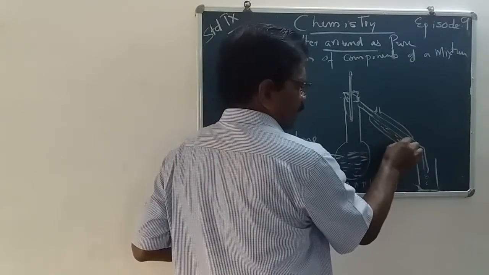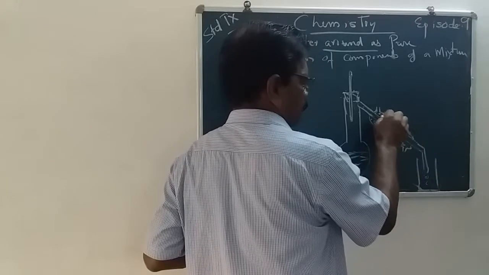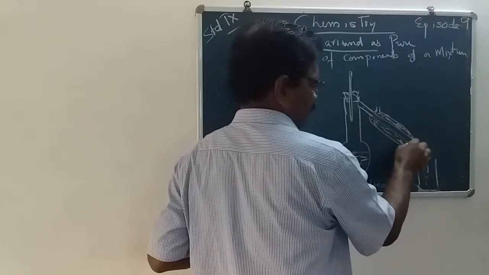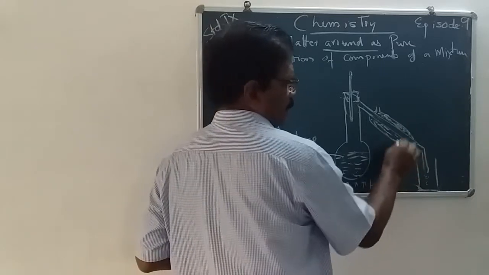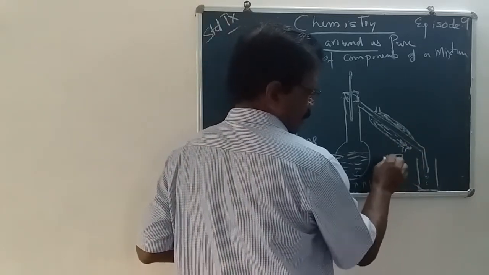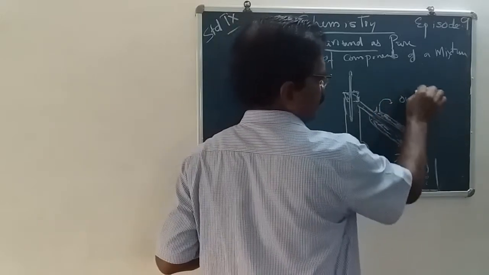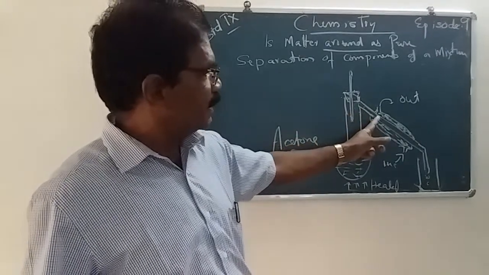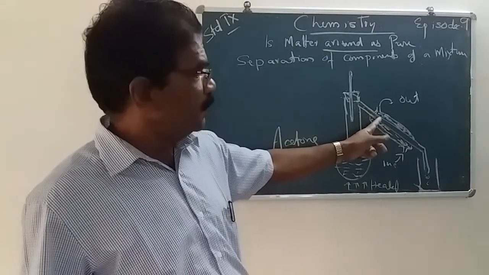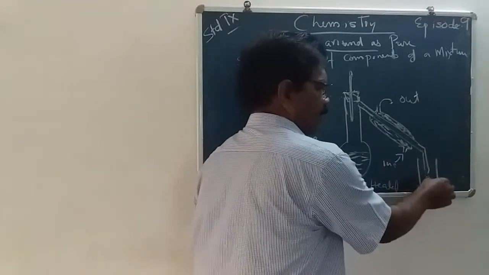The vapors of the acetone pass this way, where cold water is taken inside. Cold water in, cold water out. On passing here, the vapors of acetone are converted to liquid acetone, and it can be collected in a beaker here.